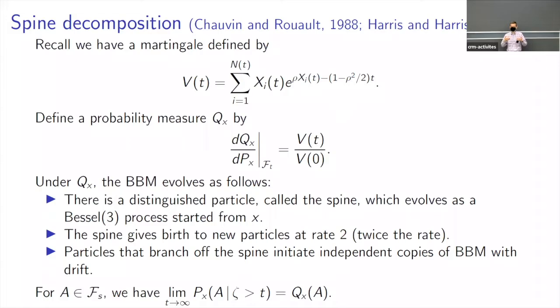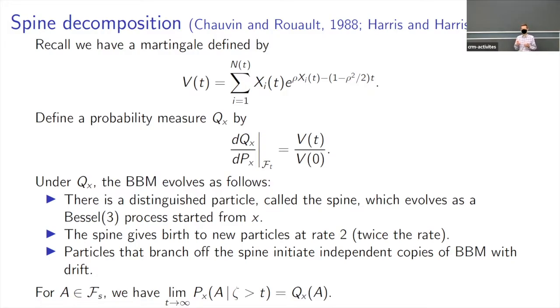Now, anytime we have a non-negative mean 1 martingale, one can use it to define a change of measure. So let's define a new probability measure Qx, such that the Radon-Nikodym derivative of Qx with respect to the original probability Px, restricted to the information in the branching Brownian motion up to time t, is given by v of t over v of 0.